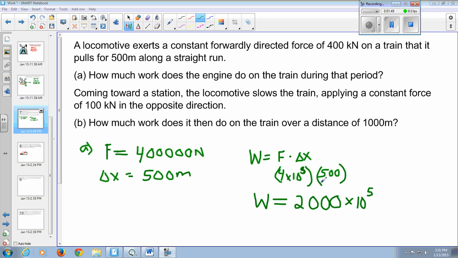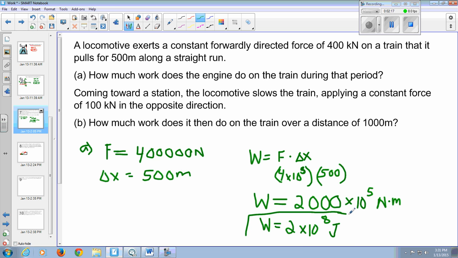When you do that calculation, you get 2,000 times 10 to the fifth, and the units are a newton times a meter, that's a joule. Written correctly, work equals 2 times 10 to the 8th joules. That's the answer for part A.